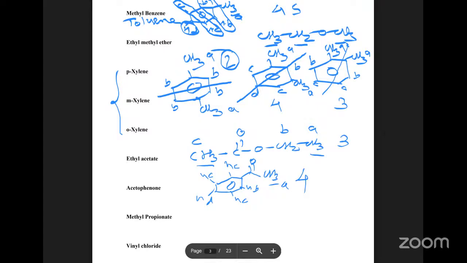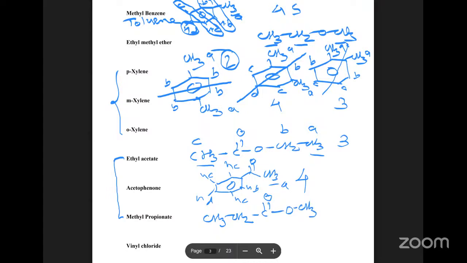Methyl propionate. Most of the time they will ask different questions, like how you will differentiate between ethyl acetate and methyl propionate. The structure of methyl propionate is exactly opposite to this. So the ethyl group will be on this side, and then the methyl group will be attached to the O. So this is your methyl propionate.